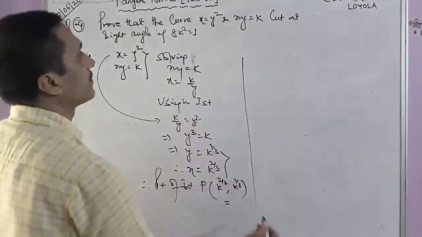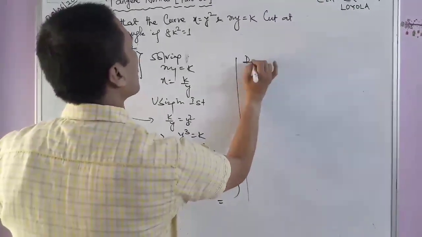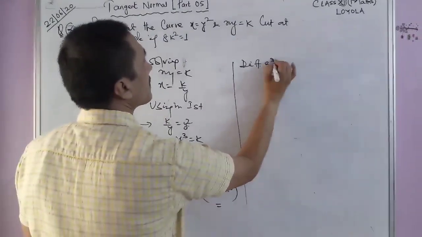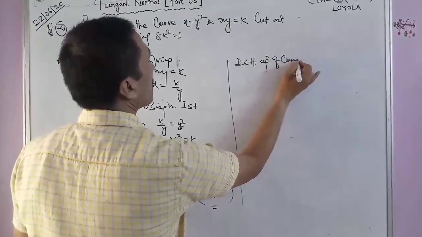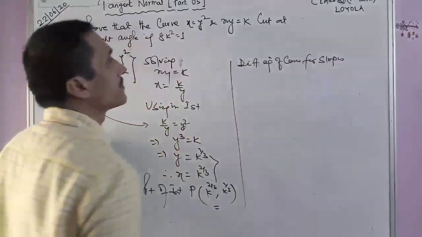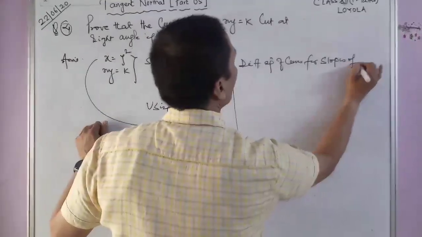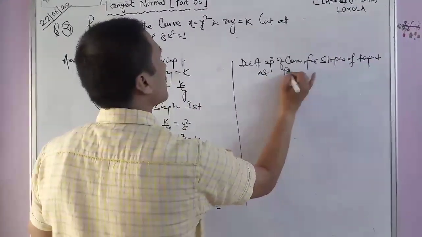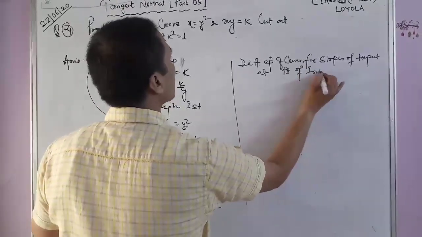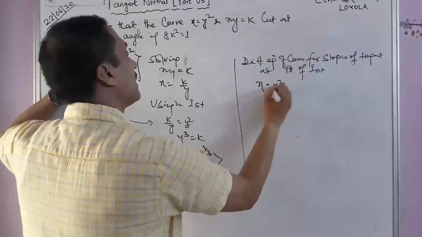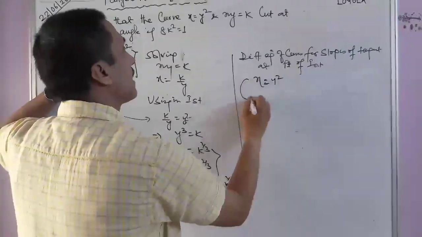Now, differentiating equation of curves for slopes of tangent at point of intersection. x equal to y square.